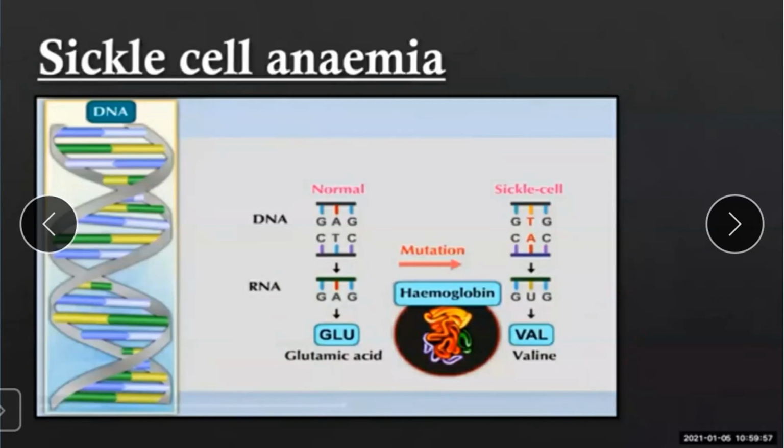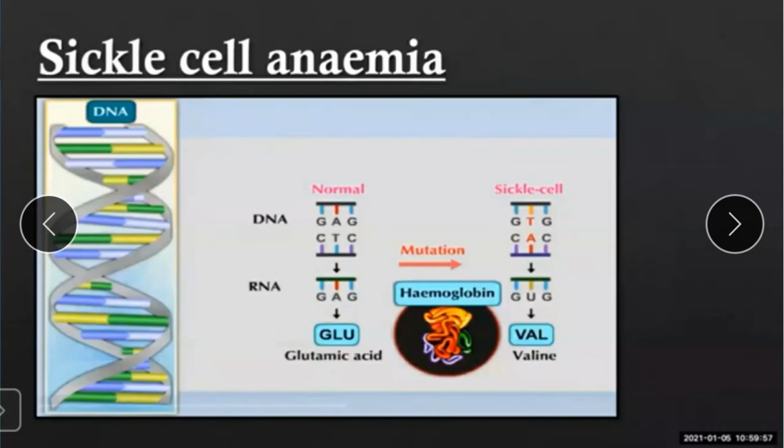Due to the mutation, the glutamic acid is changed to valine. Normal hemoglobin has glutamic acid as the sixth amino acid in its molecular structure.